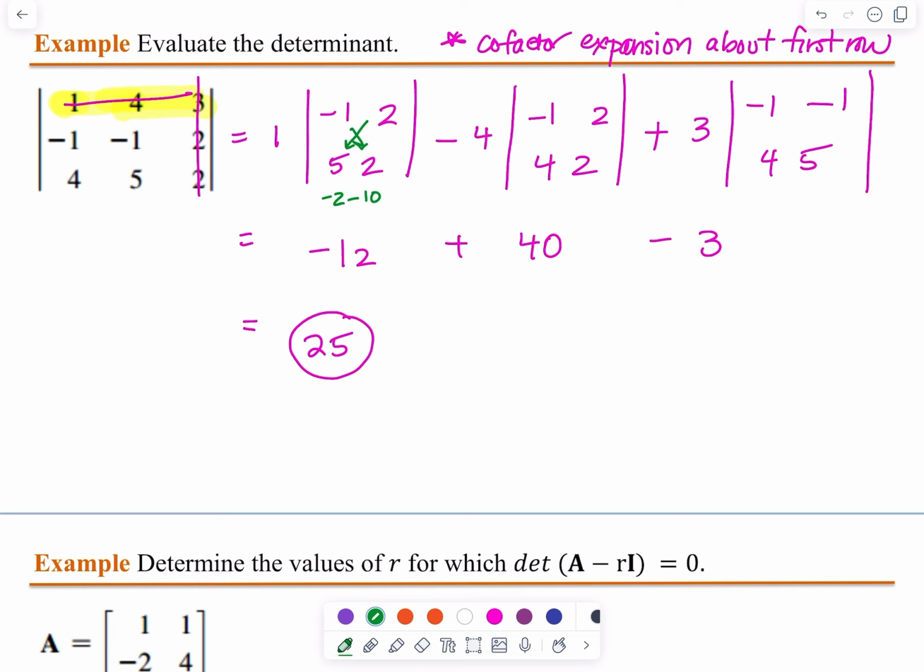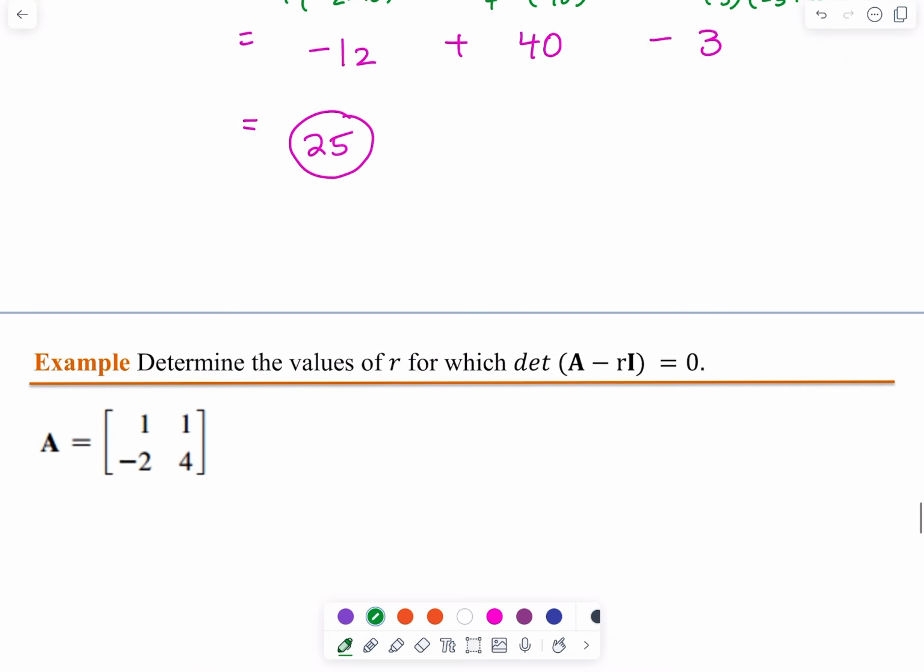And this is 8 plus 2, which is 10, of course, times 4. And then here we have negative 5 plus 4 multiplied by a 3. And that's where we came up with that.